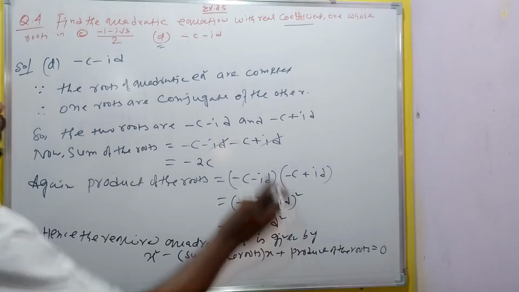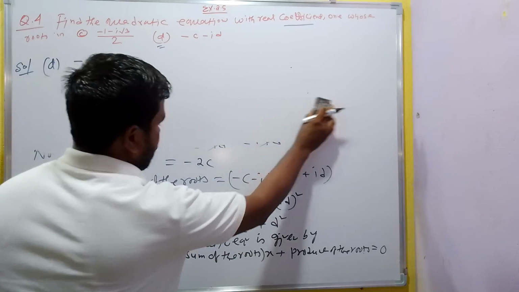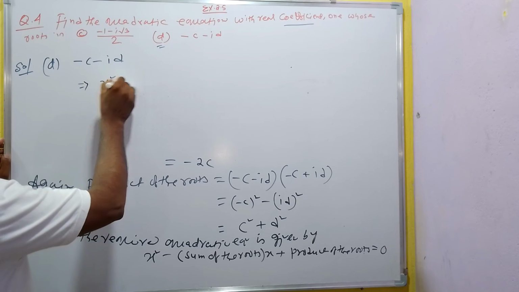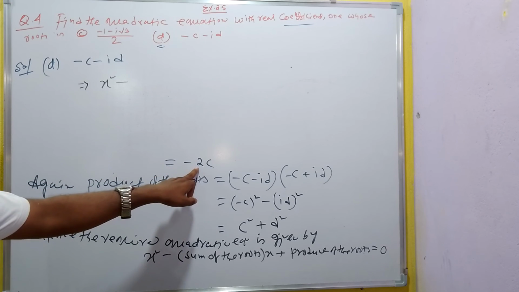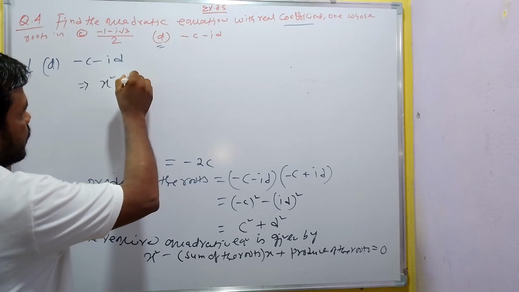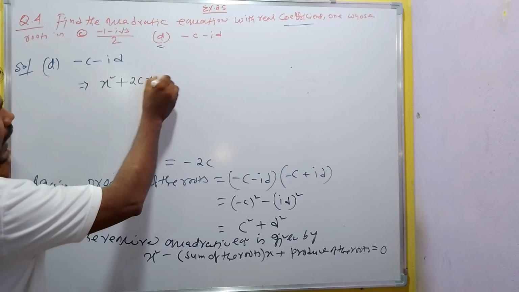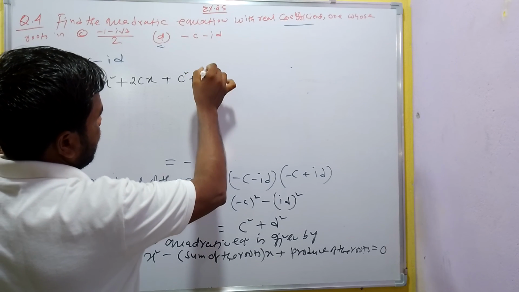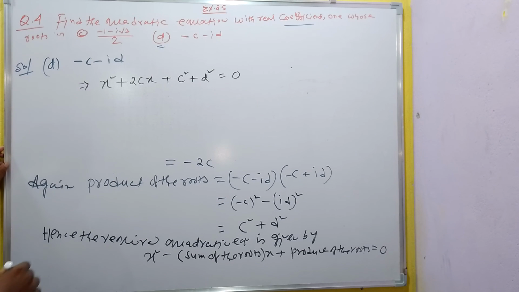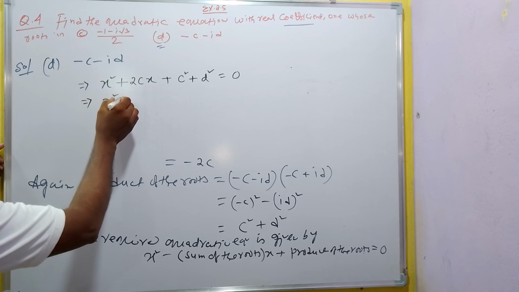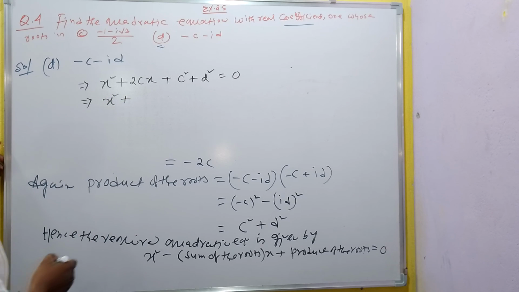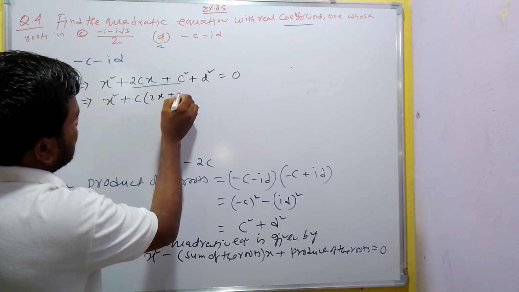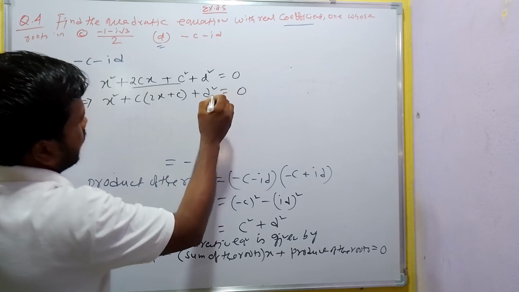Now putting the values: x square minus the sum of two roots, so minus (-2c), which is plus 2c times x, plus c square plus d square equals 0. Again write x square plus 2c x plus c square plus d square equals 0. This is the answer.